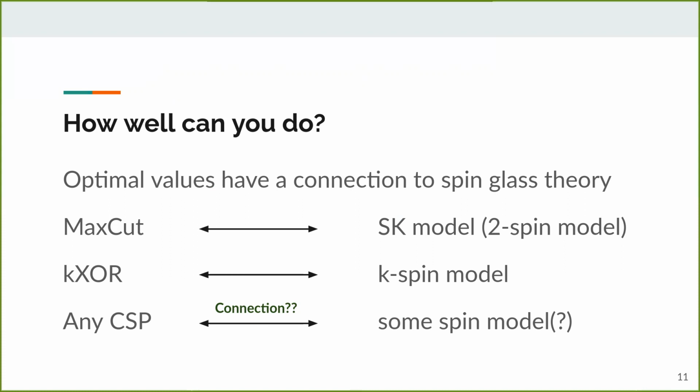It turns out this connection holds for kXOR and KSAT, and it might even hold for any CSP. There are some really deep research areas here that I think would be nice to explore. Can you take a CSP and give the optimal number of clauses that you can satisfy? I think there's a lot of interesting stuff here.